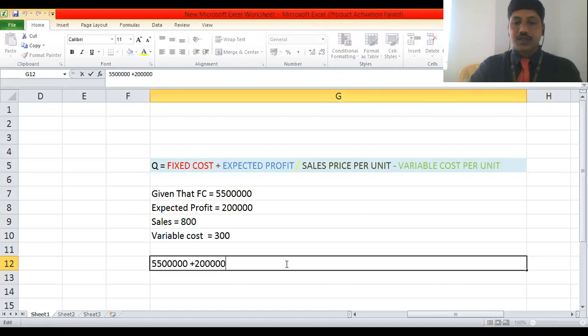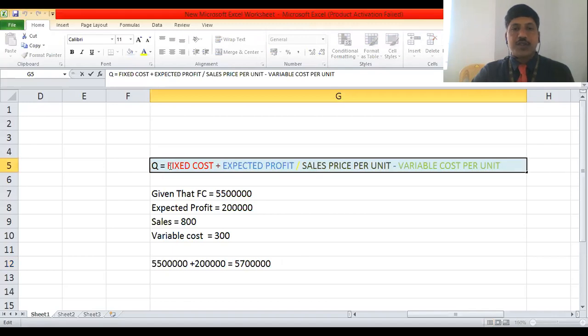Now this is equal to 57 lakhs. So fixed cost was 55 lakhs plus expected profit was 2 lakhs, both together 57 lakhs.